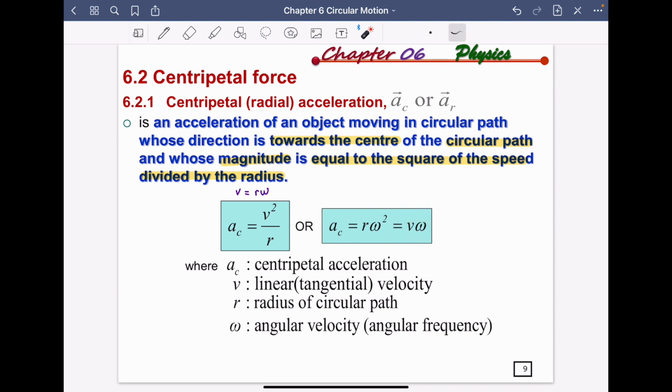Biasanya commonly kita pakai yang ni lah, tapi dia masih ada beberapa certain cases kita boleh pakai R omega square ataupun V omega. Okay, where AC is the centripetal acceleration, V is a linear or tangential velocity, and R is a radius of circular path. Omega is angular velocity or angular frequency.